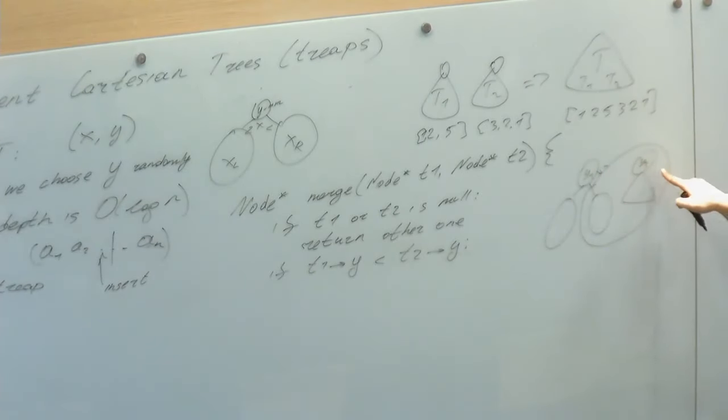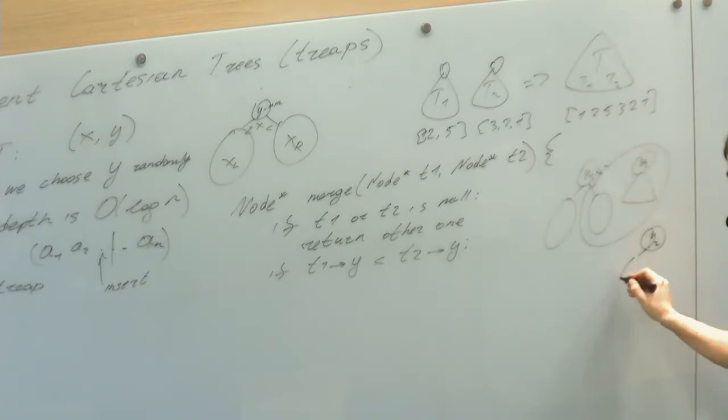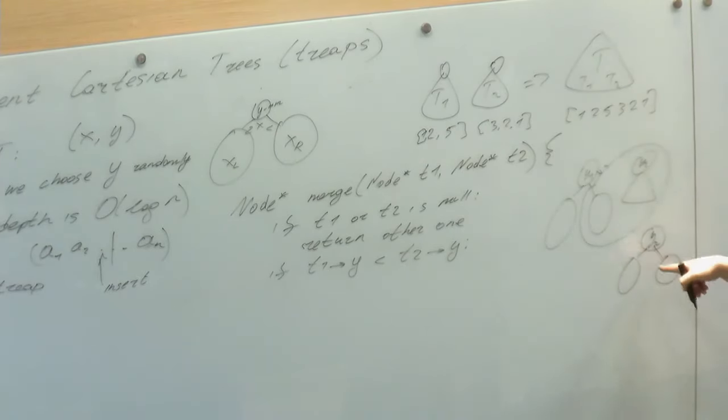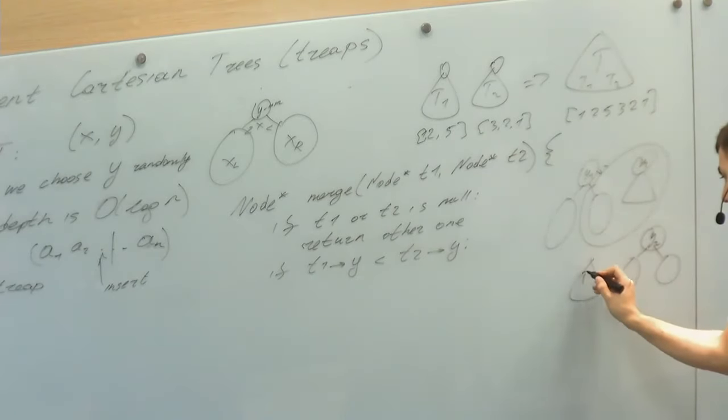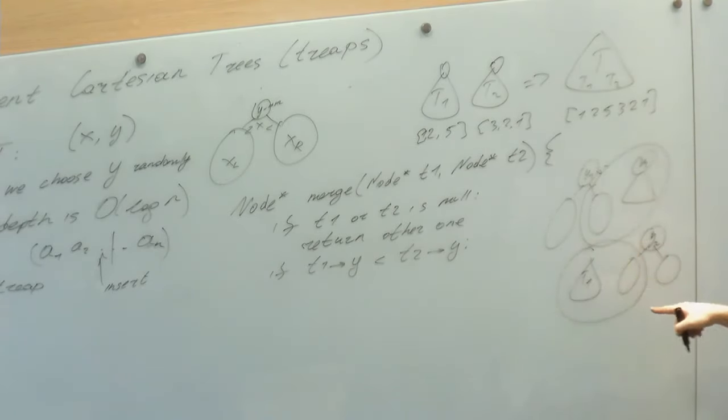So if Y2 is smaller than Y1, then the second tree has two subtrees, and there is T1. We'll merge the left child of the second tree with T1 and make that the new left child.